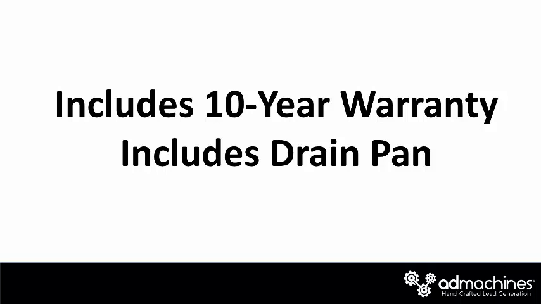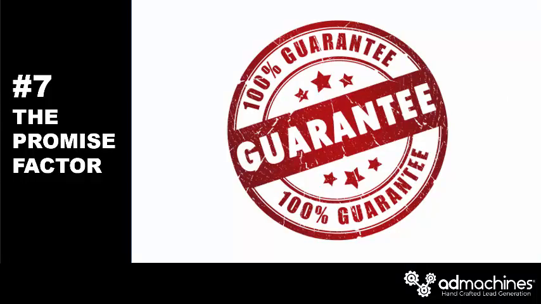Do you include the haul-away? Do you include the warranty? And if your competitor's saying, no, those are all extra costs, you now have a foot in the door to run this lead. So we're going to package in as much value as we can.